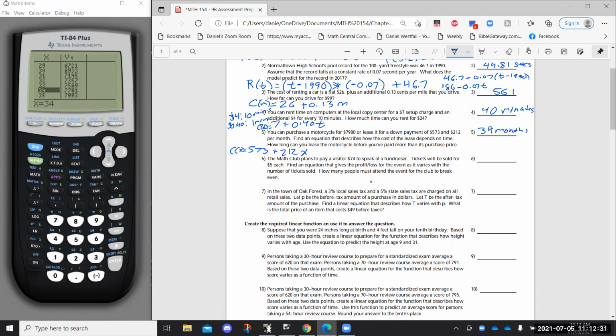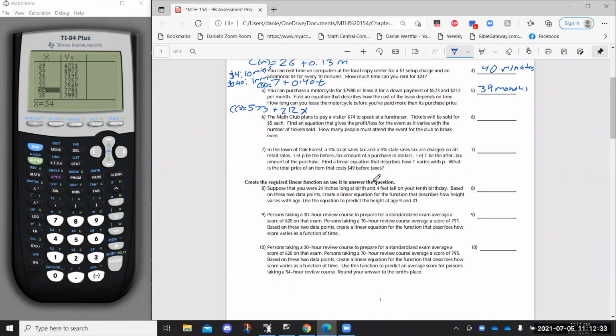The math club wants to pay a visitor $74 to speak at a fundraiser. The tickets will be sold for $5 each. Means that the profit they're going to make is going to be $5 for each ticket minus the $74 they have to pay for the speaker.